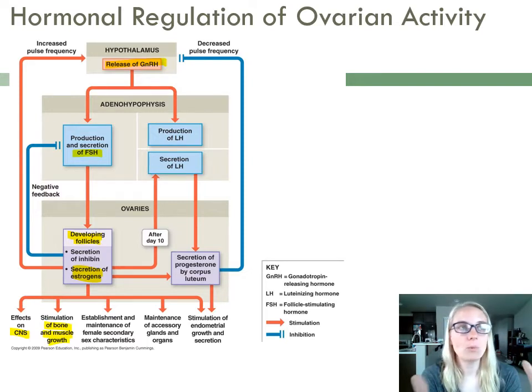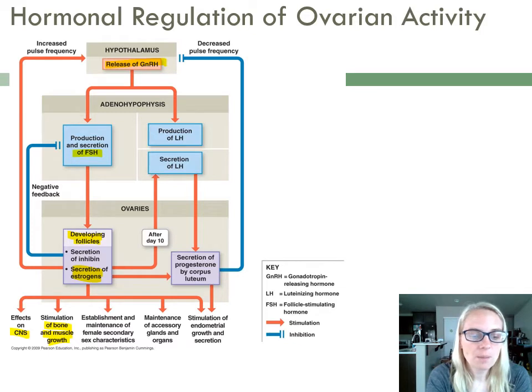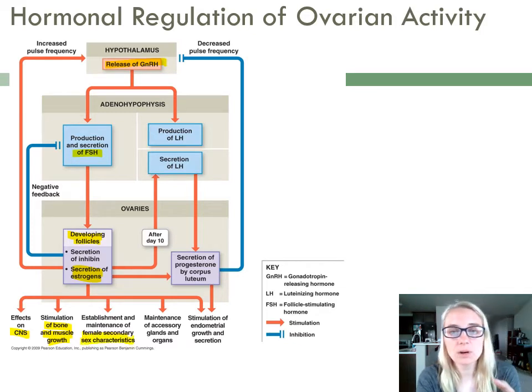When we talked way back in 231 about osteoporosis, osteopenia, losing bone mass for women post-menopausal, it really has a big impact on their bone mass because they lose the release of the estrogen from their ovaries, and estrogen is a bone stimulator. So that's a cool connection there. It also maintains female secondary sexual characteristics.